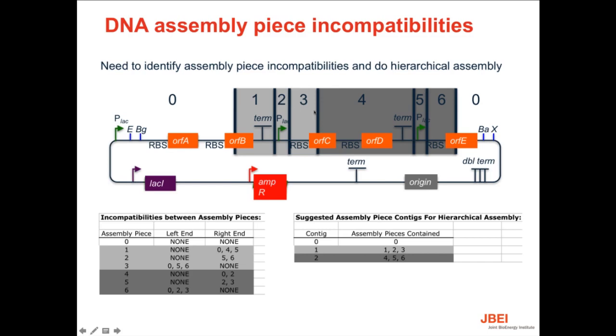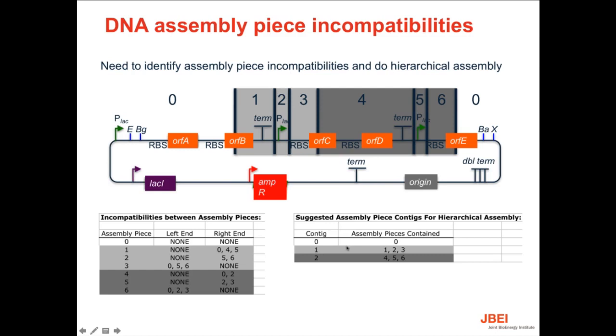One way that people can get around some of these incompatibility issues is doing what we call a hierarchical assembly. You can imagine that we could first, for example, do a splicing by overlap extension, or PCR fuse fragments 1 through 3, and then separately 4, 5, and 6. And then we would just be assembling these 3 pieces together.